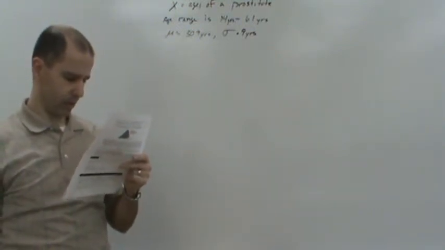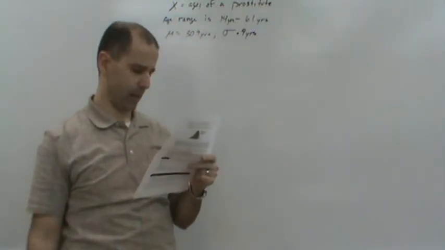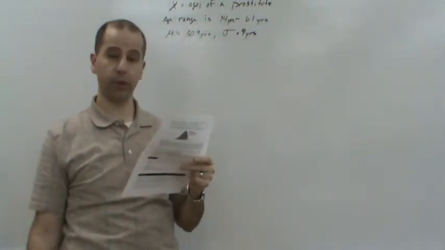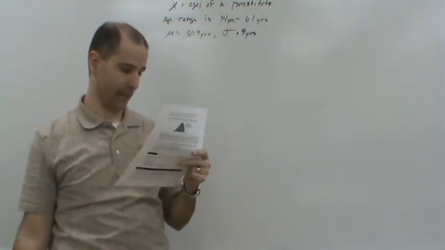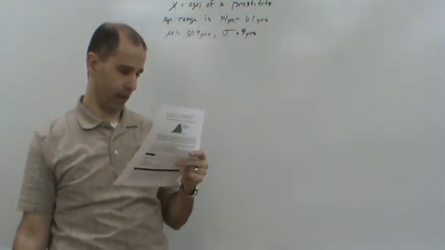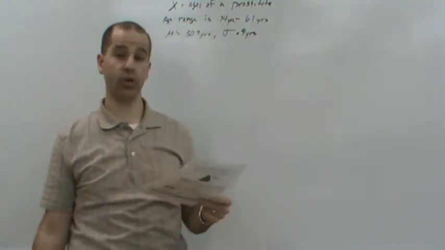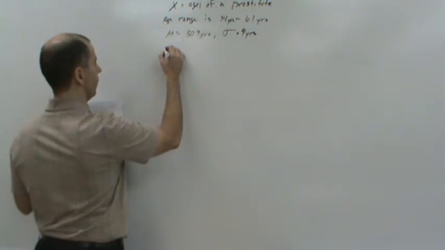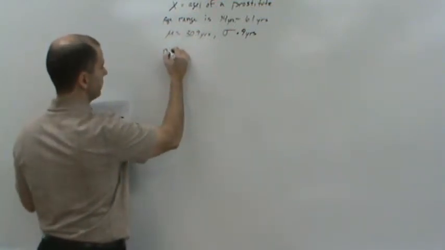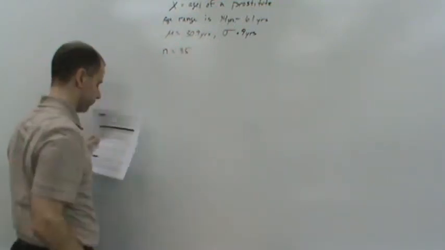They use the central limit theorem here, but I'm not going to do that. Let's change the sample size, because we know that a sample size of 25 is not big enough. So we're not going to use that. Let's use a sample size of 35. So let's say n is 35.